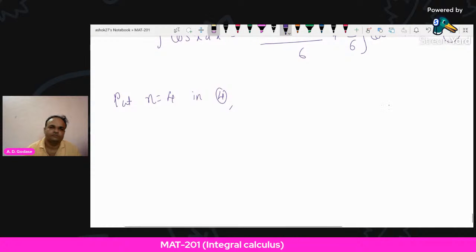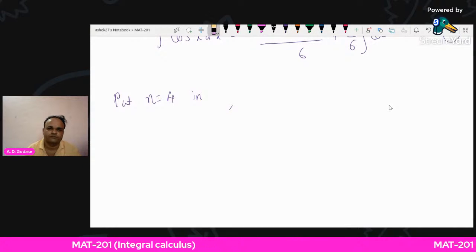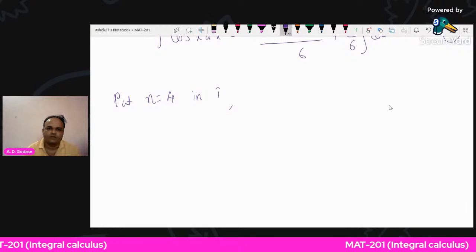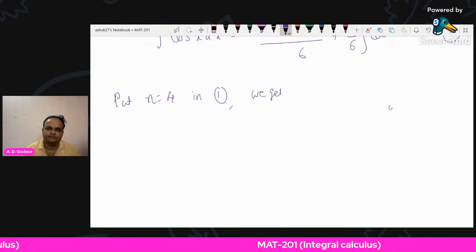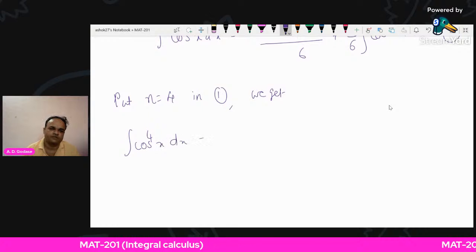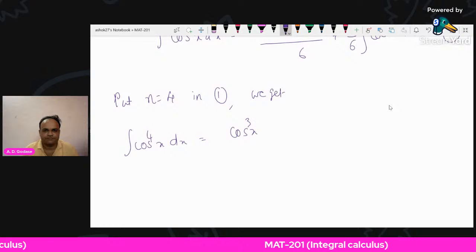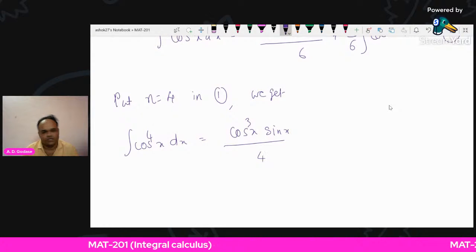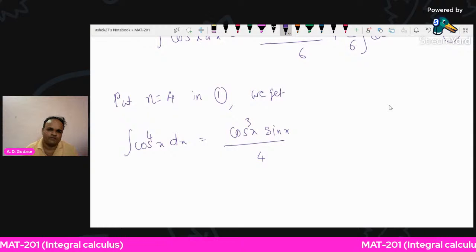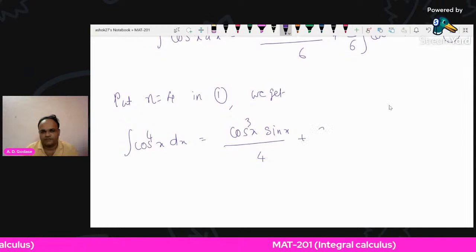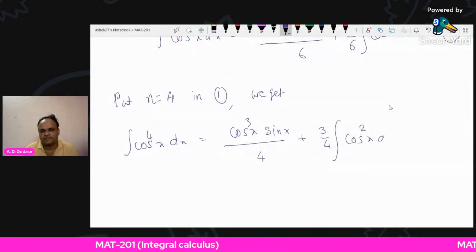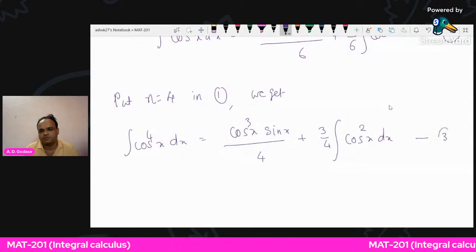So we get the integration of cos raised to 4x dx will be cos raised to 3x into sin x whole divided by 4. So here we are putting n equal to 4, so it will be plus 3 by 4 integration of cos square x dx. So you can write this equation as, suppose, equation number 3.